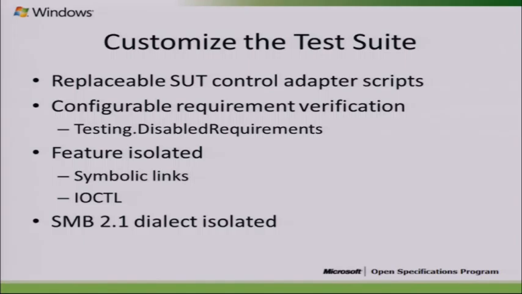Many I/O control codes may not be supported by your implementation, so you can just not run the test cases related to them. Also, the SMB 2.1 dialect feature is isolated in a single scenario. If your implementation does not support the SMB 2.1 dialect, you can just drop that scenario from your list and run other scenarios you're interested in.